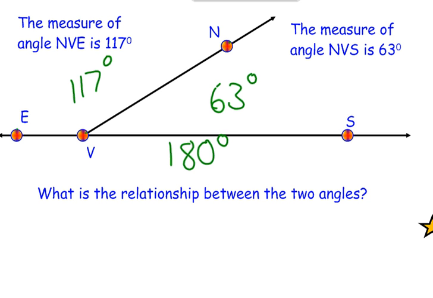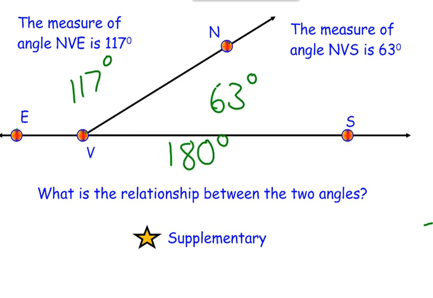And when two angles are side by side, when they get added together, they equal 180 degrees. That's where we can say that they are no longer complementary, they are supplementary. Two angles side by side that equal 180 degrees.